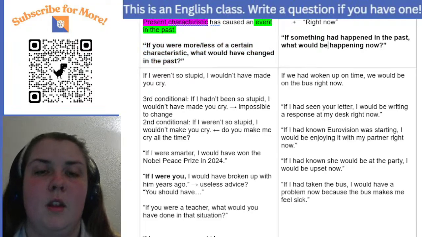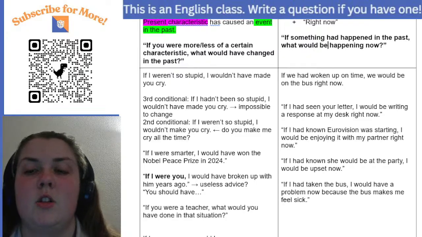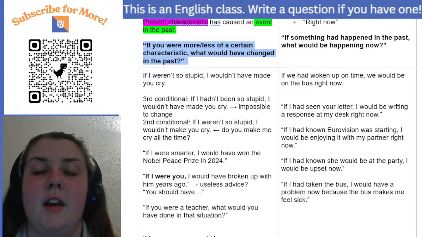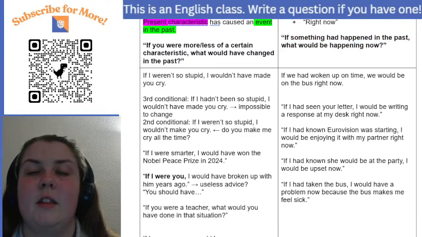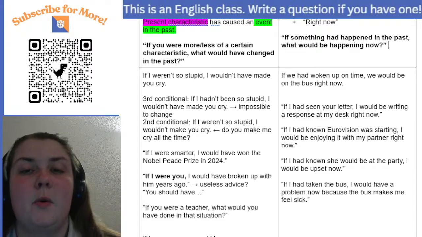If you were finding that difficult, what is the difference between these two conditional types? Then I think that this is a really good way to think about these two. But especially when it comes to this particular example here, the second mixed conditional, where we start with the third and then follow it up with the second.